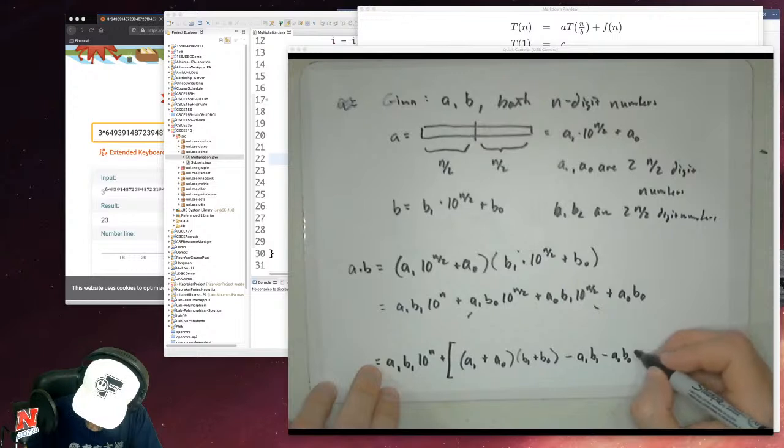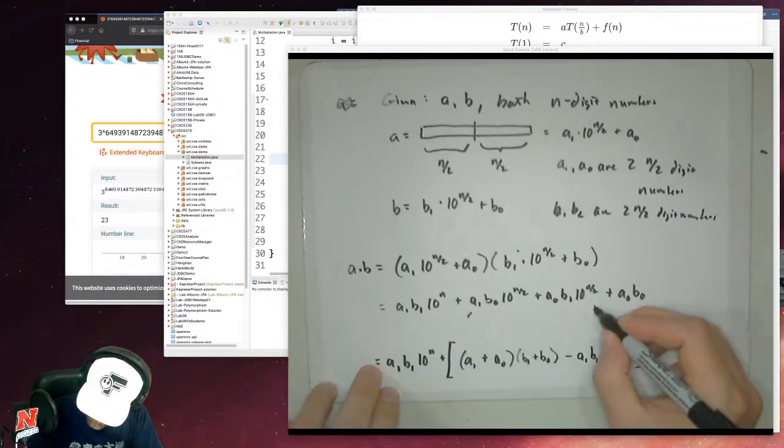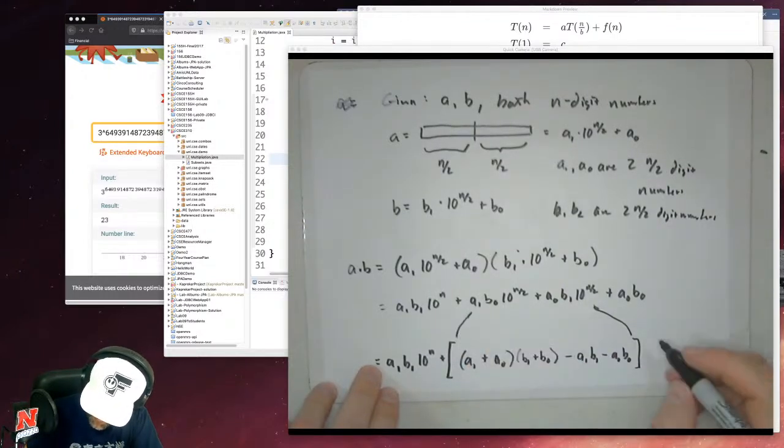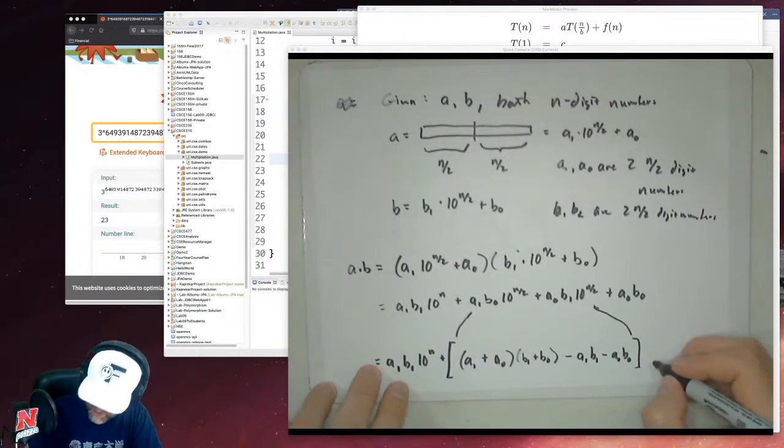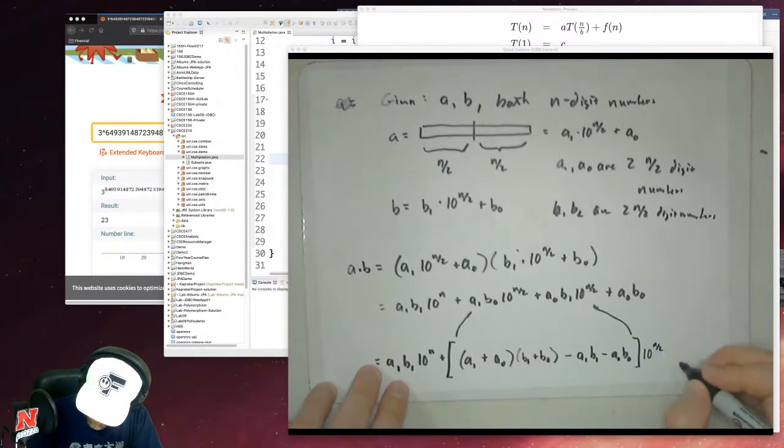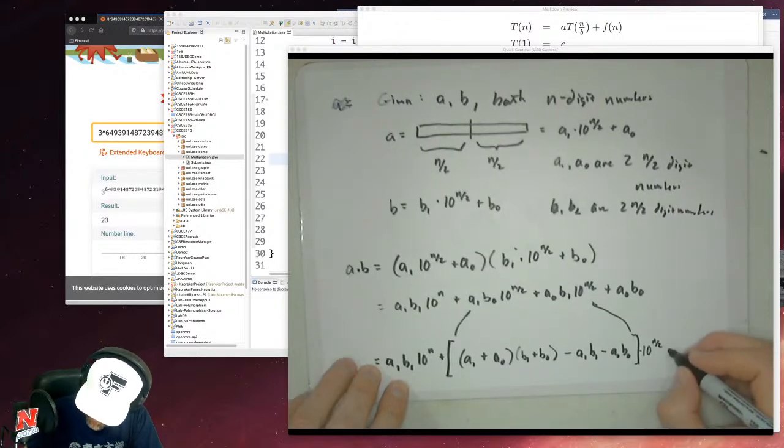There we go. So I've expanded out that middle term right there. And then I've got a coefficient 10 to the n. That's the coefficient. Then I've got 10 to the n right there. Plus a naught b naught.